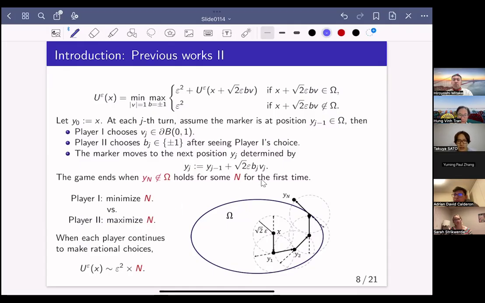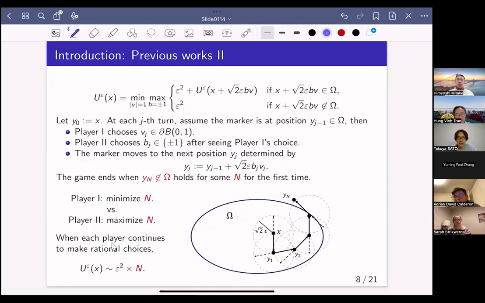Player one's goal is to minimize the number of steps N, and player two's goal is to maximize it.